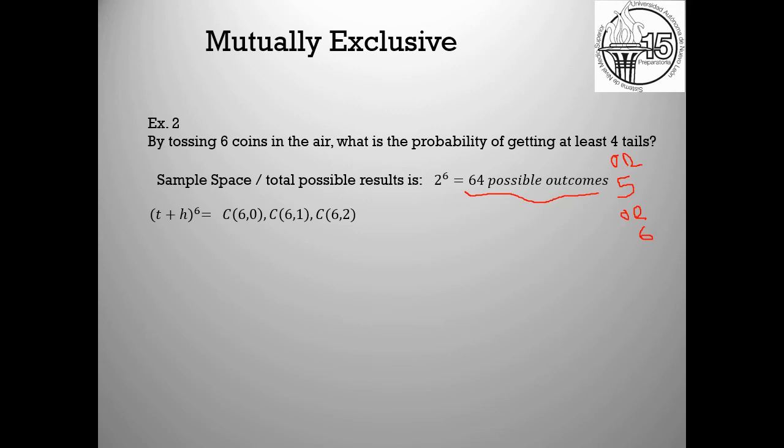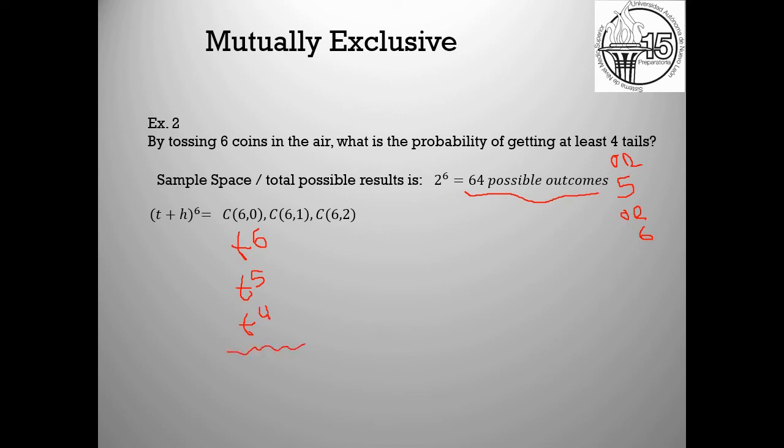It's not necessary to expand the whole binomial. We just need where we have 4 tails, 5 tails, and 6 tails. If you remember, the first term will be raised to the 6th power. The next one will be raised to the 5th power, and the next one will be raised to the 4th power.